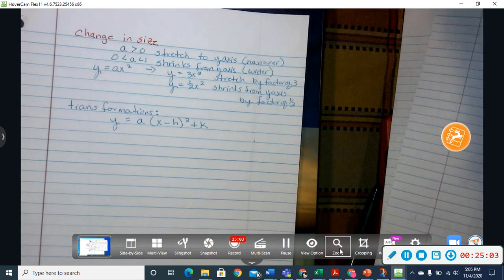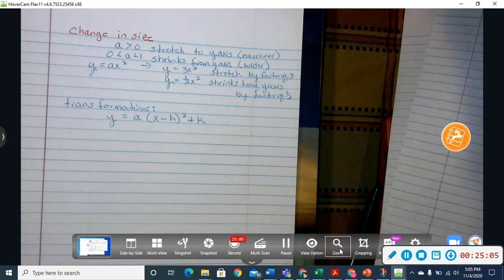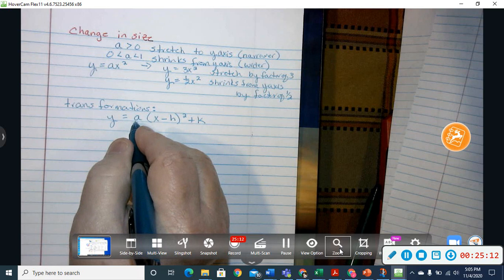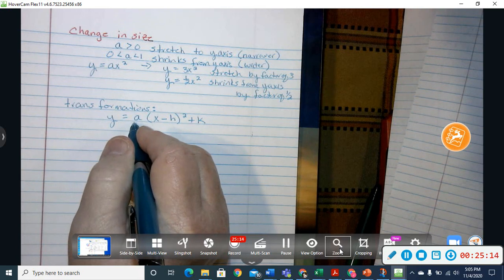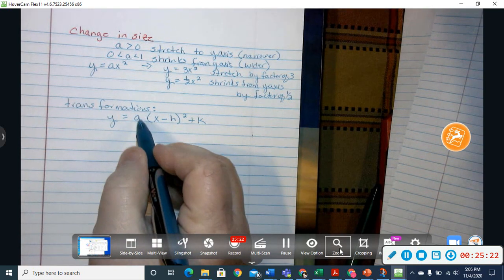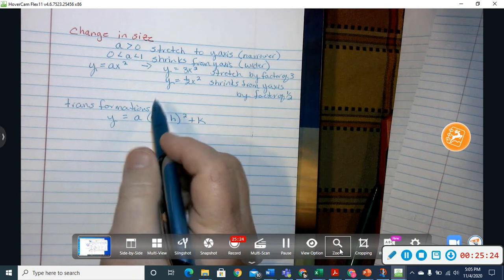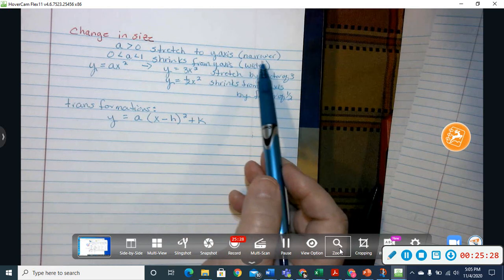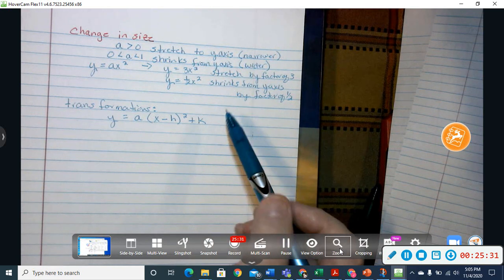Each value has a particular meaning toward a movement within your graph. The sign of A tells you whether it's concave up or concave down, reflecting over the x-axis. The value of A tells you whether it is a change in the size of the graph. Is it a stretch or a shrink?